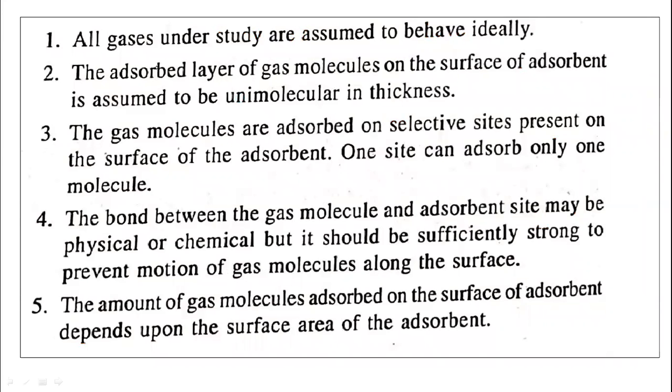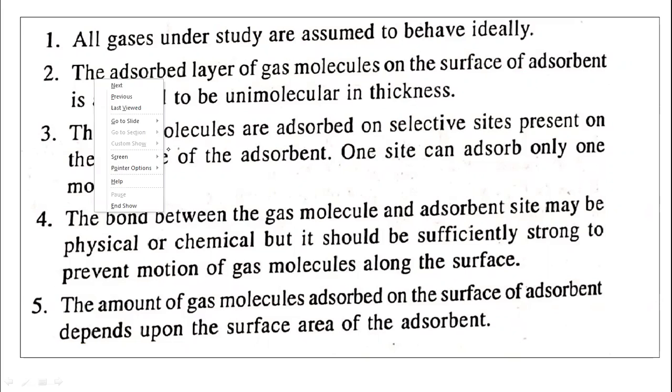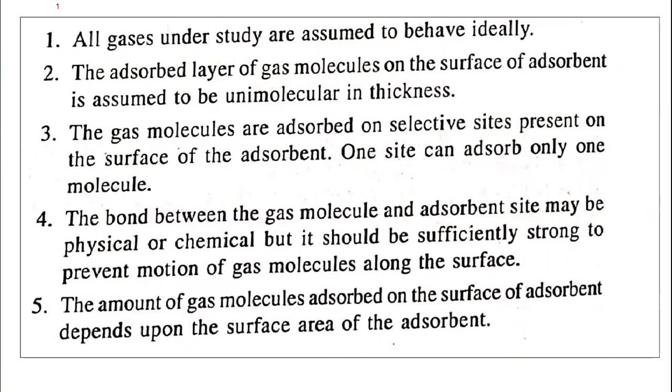So now you can see what the assumptions, or postulates, of Langmuir's adsorption isotherm are. See here the assumptions of Langmuir's adsorption isotherm. First assumption: according to Langmuir's theory, all gases under study are assumed to behave ideally.